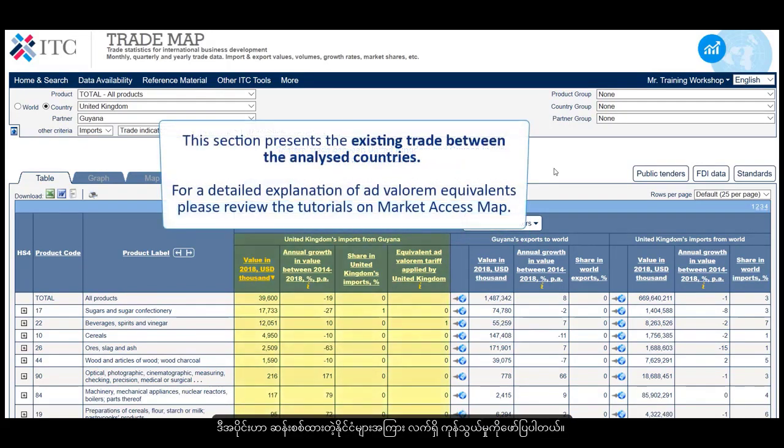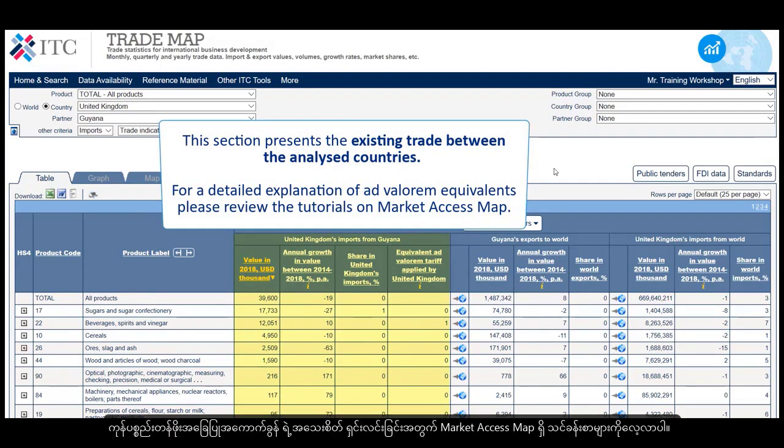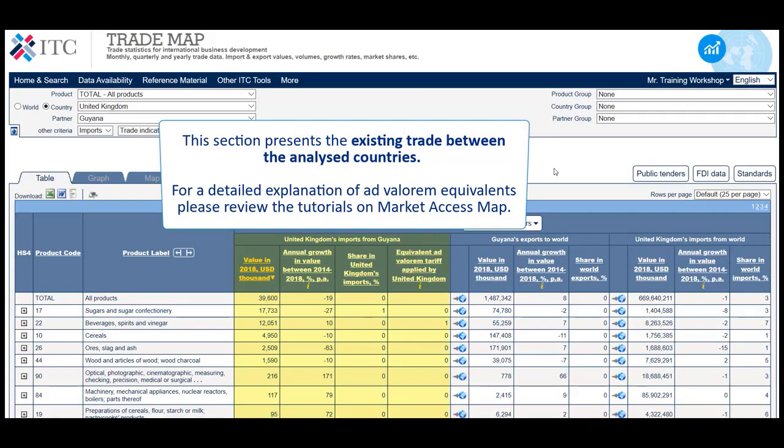That is, this section presents the existing trade between the analyzed countries. For a detailed explanation of ad valorem equivalence, please review the tutorials on Market Access Map.